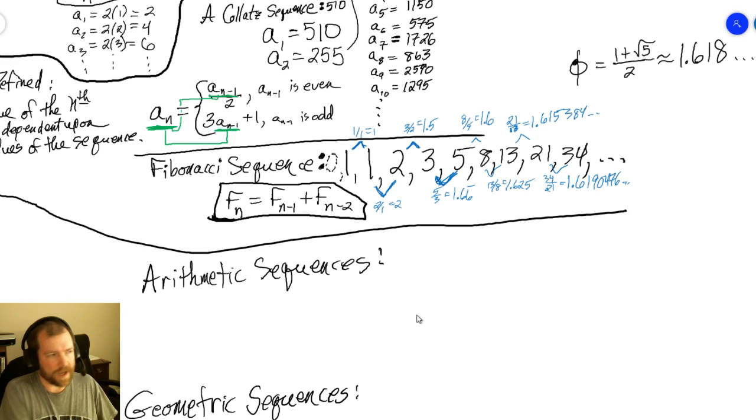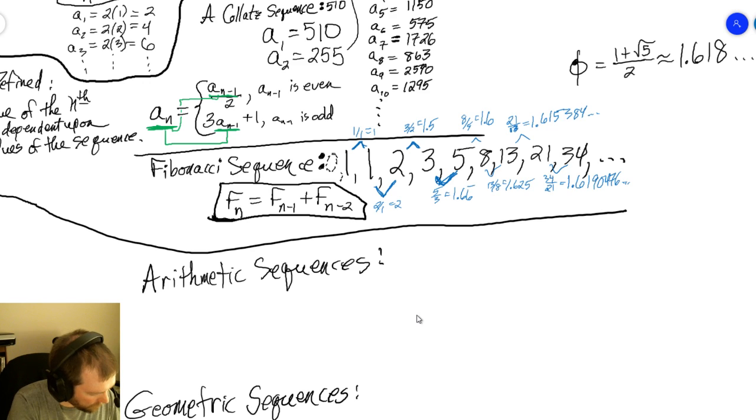So, when you start looking at arithmetic and geometric sequences, these are sequences that date back to the ancient Greeks. I mean, that's when it got formalized and they decided on a specific name for it.